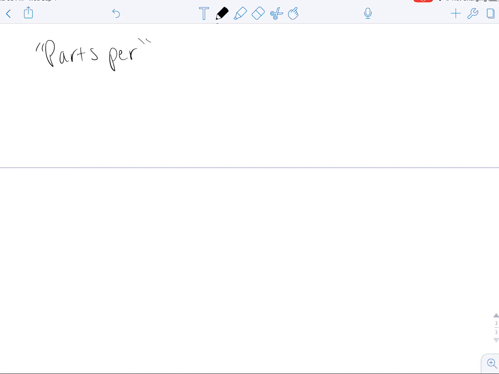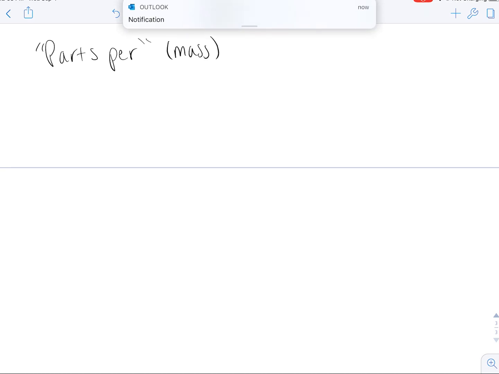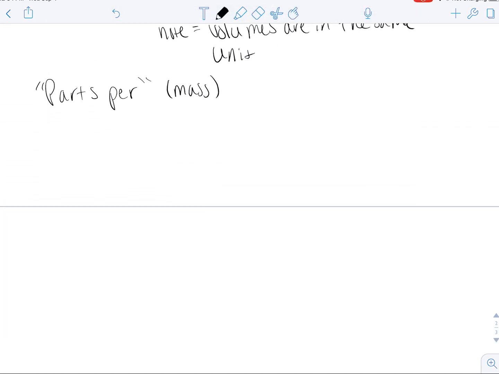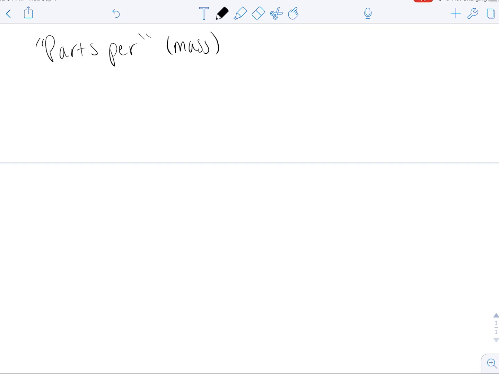Okay. The last one is parts per. And we're going to look at parts per mass, so in terms of mass. This is used in medicinal purposes along with environmental sciences.